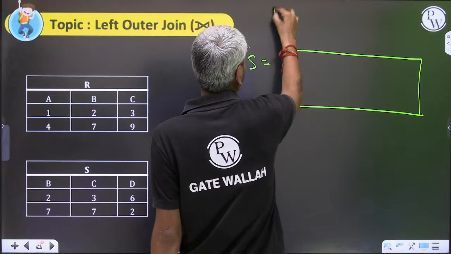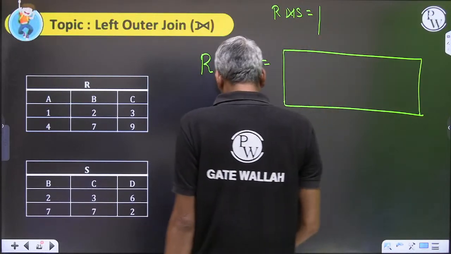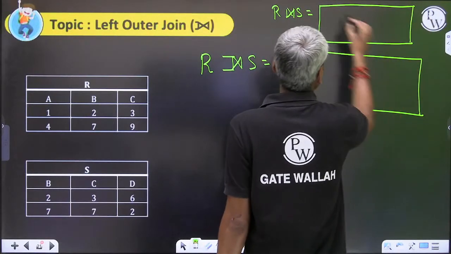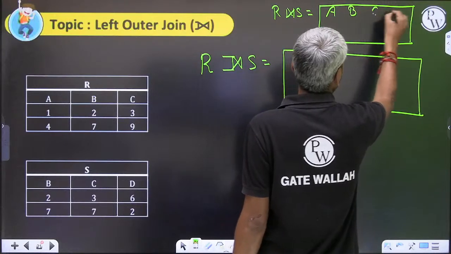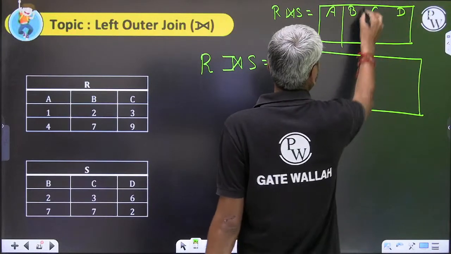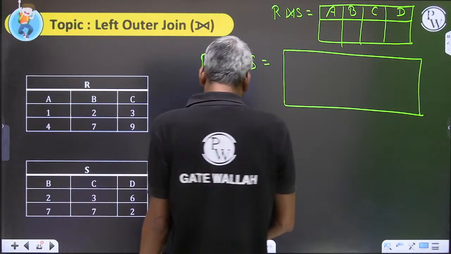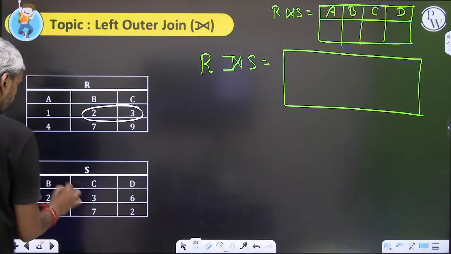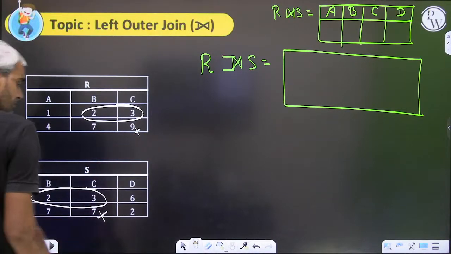So let me first write the output of R natural join S. It will have the distinct attributes A, B, C, D. The matching criteria: R.B should equal S.B and R.C should equal S.C. So this 2, 3 will match with 2, 3, but this 7, 9 will not match with this 7, 7.